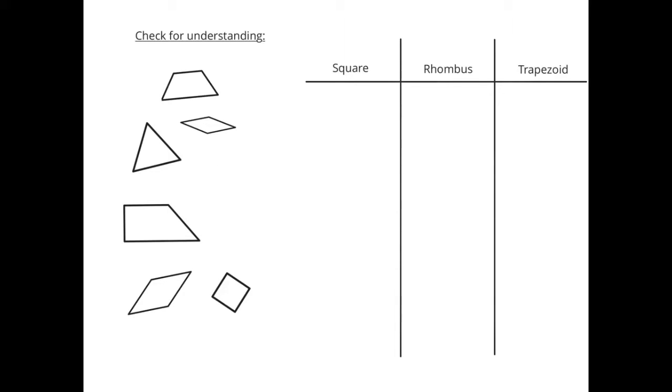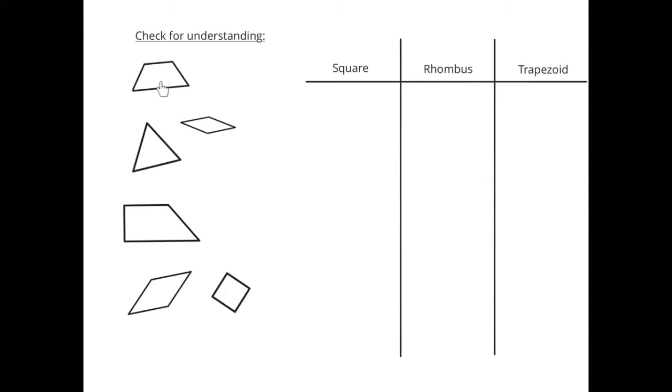Now let's do it together. These shapes you can move into their respective categories. Let's start with the square column. Which one of these looks to be a square? Since we know that a square is a two-dimensional shape with 4 congruent sides and 4 right angles, we'll look for that first.